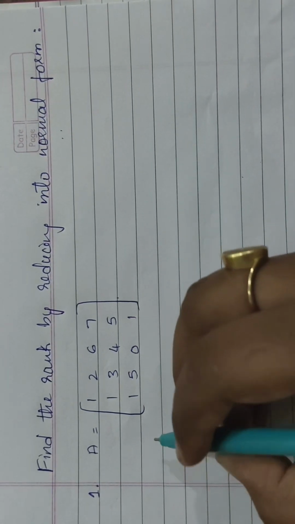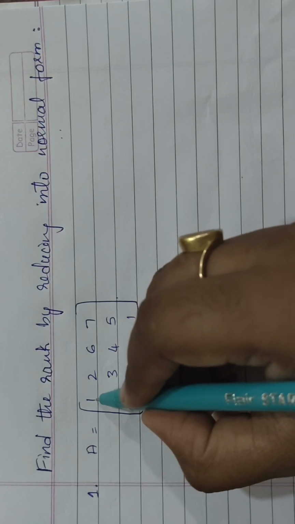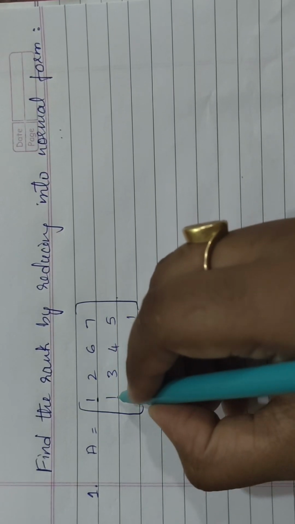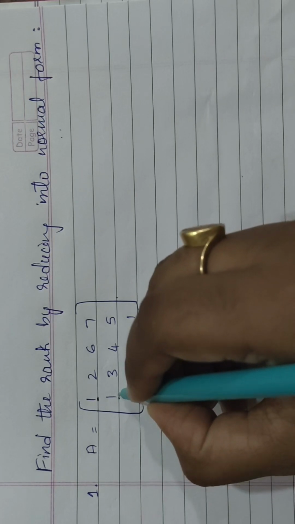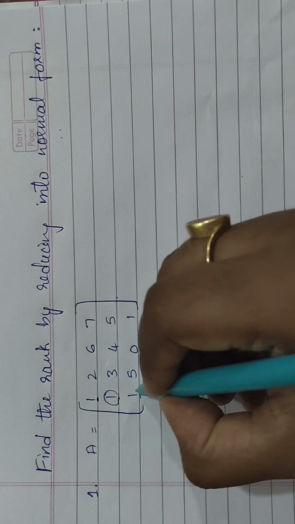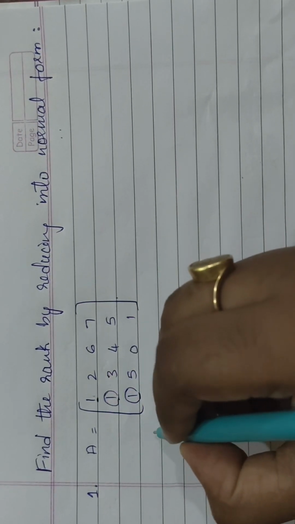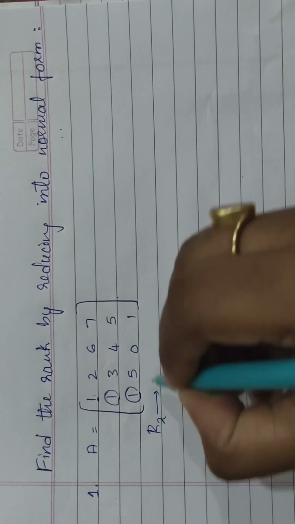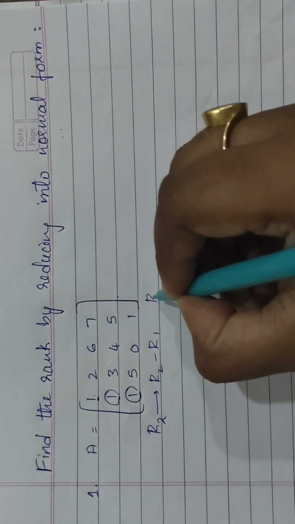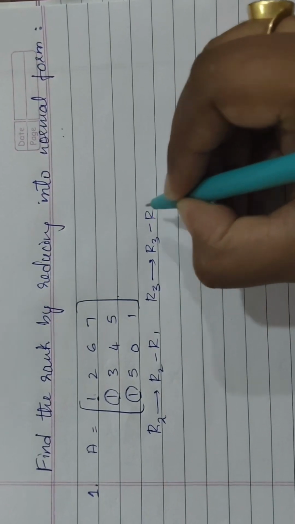Here we have 1 as the first element of the first row, and 1 and 1 below it, so we will make these 0 using this 1. The transformation is R2 changing to R2 minus R1 and R3 changing to R3 minus R1.